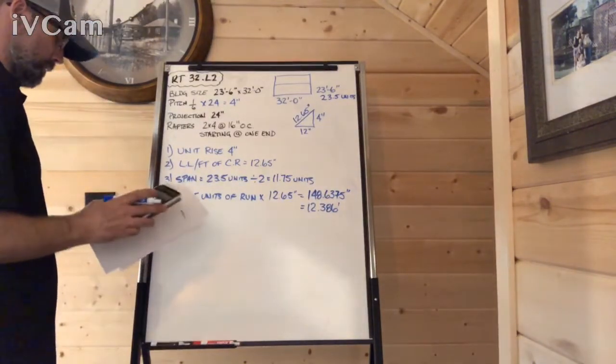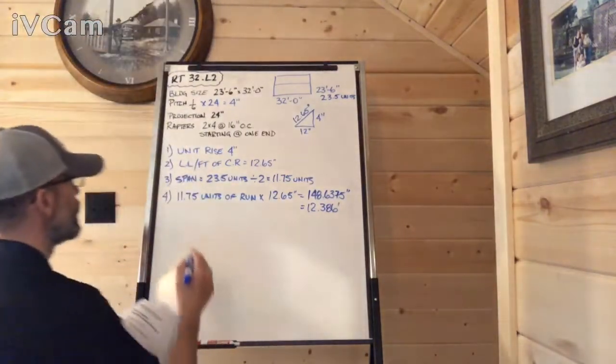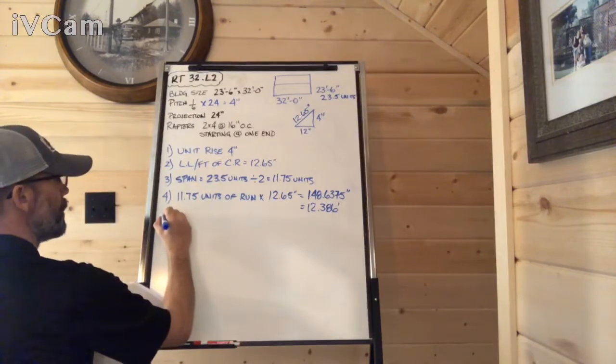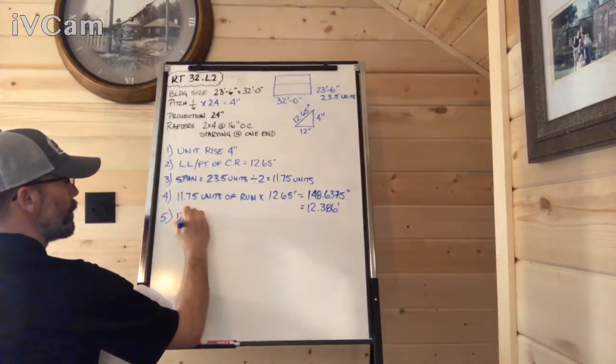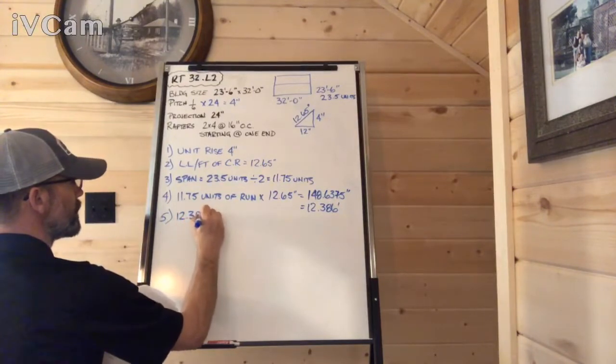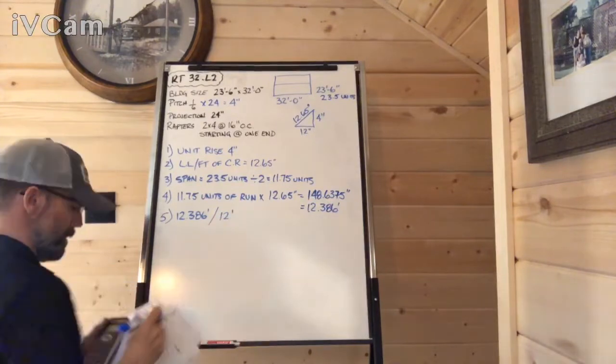So the line length of my common rafter, number 5, 12.386 feet is the equivalent of 12 foot.